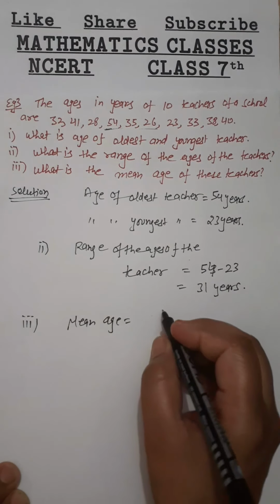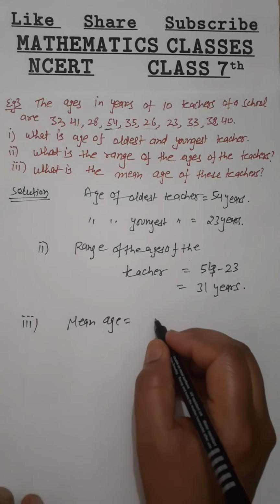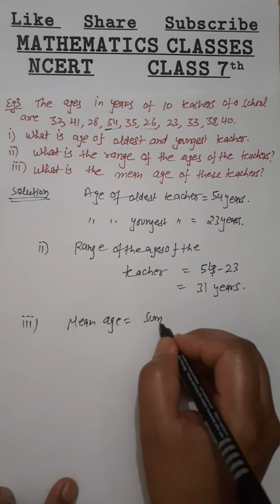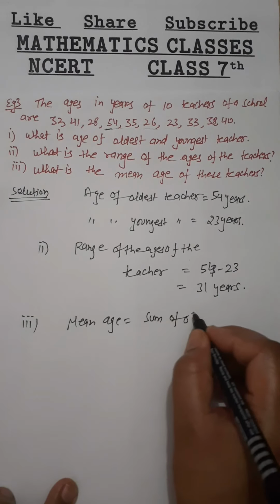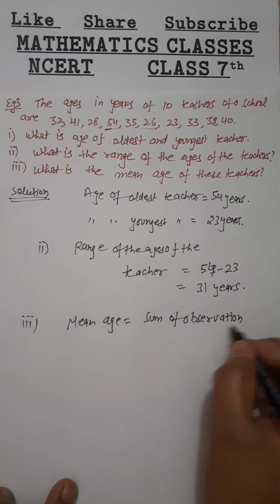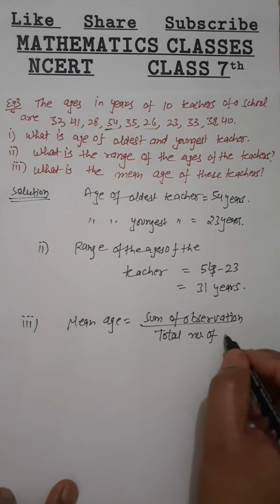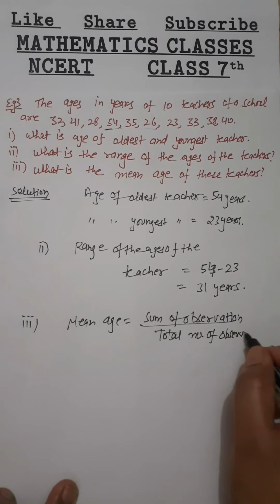For mean age, sum of the ages of all teachers by total teachers, but we put here directly the formula, sum of observations by total number of observations.